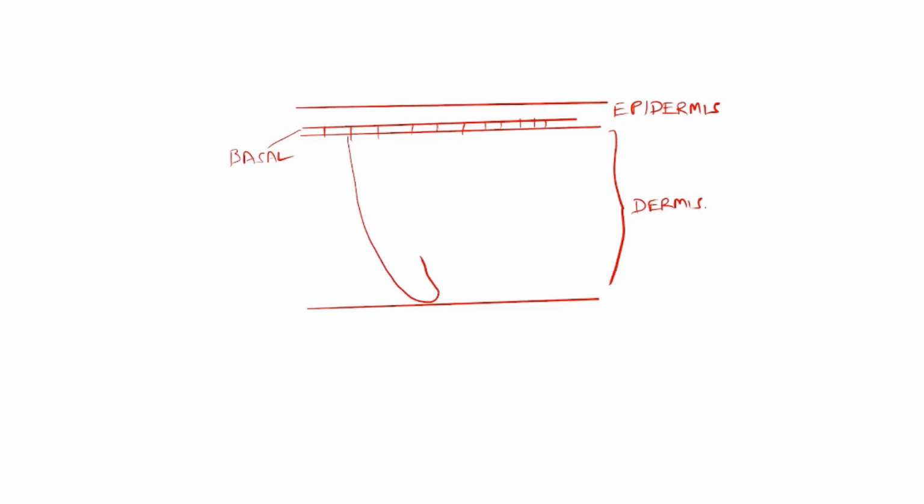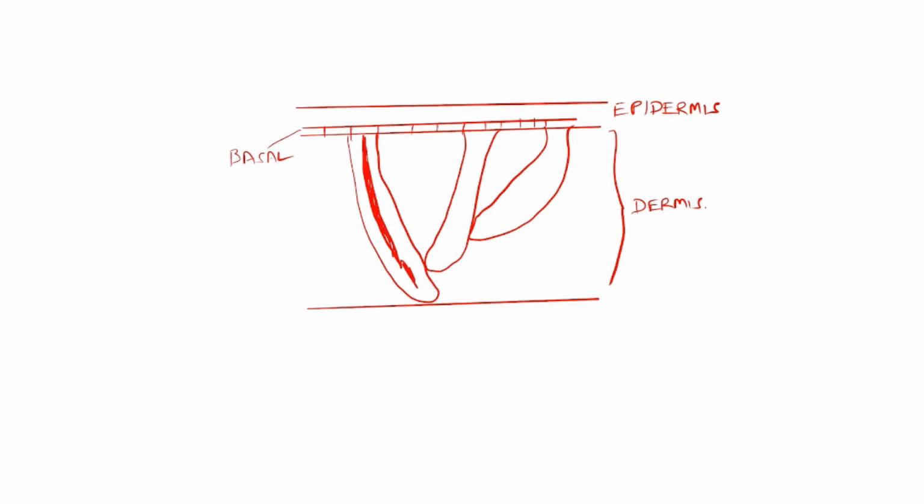Okay, so how does it look in histopathology under the microscope? So this is the epidermis and this is the dermis and this is the basal cell layer. Okay, so as I said, it tends to grow downwards in the form of broad anastomosing bands. In the middle there is a very dense stroma which is like this, right.